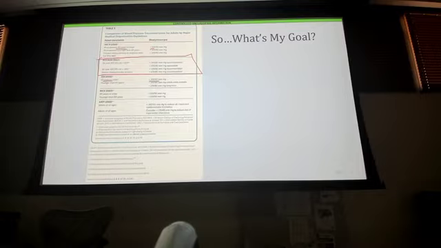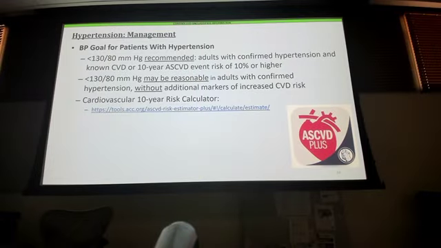So let's look at the ACC/AHA guidelines a little better. They say it is recommended, not required, but recommended, for anybody who has a 10-year ASCVD risk of 10% or higher, to get their blood pressure lower than 130 over 80. So 10% ASCVD means in the next 10 years, they have a 10% risk of having a heart attack.